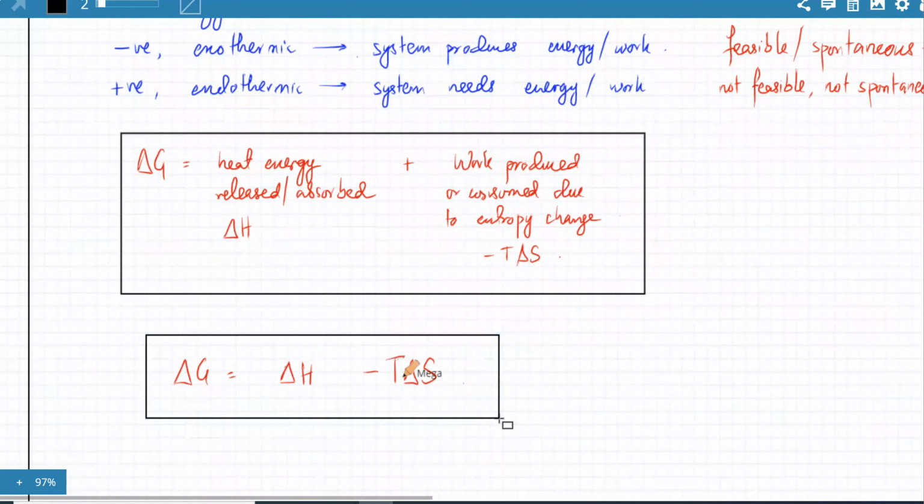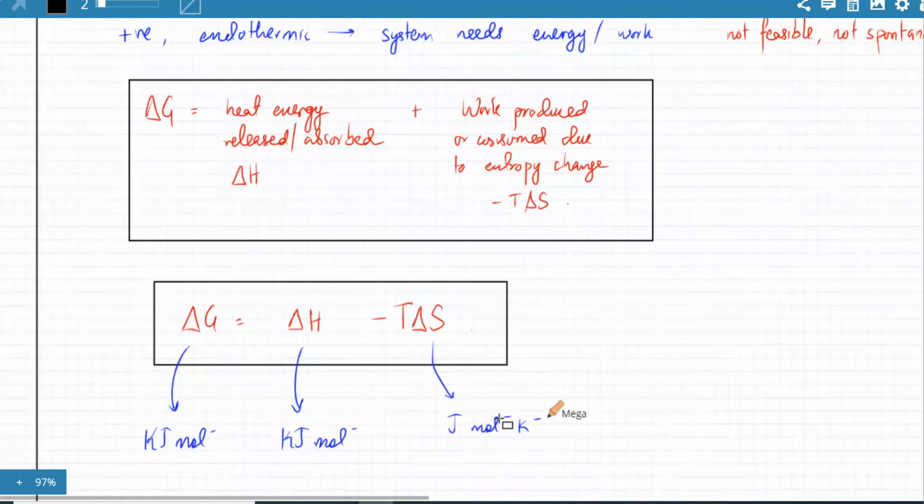And the other thing about this expression is that delta G is in kilojoules per mole. Delta H, the same thing, it's in kilojoules per mole. And delta S is in joules per mole per Kelvin. The Kelvin part would get cancelled out because you're multiplying it with temperature.